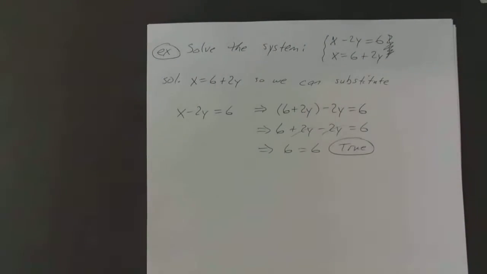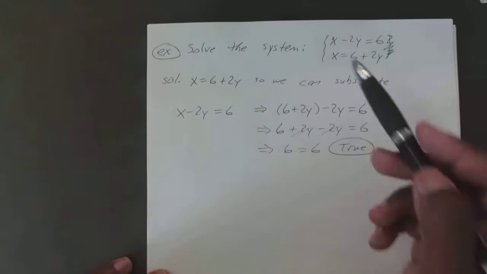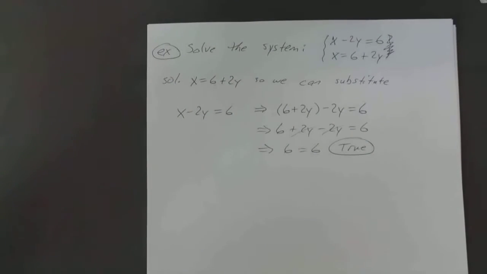Now the thing is, when you're left with a true statement and all the variables have disappeared, then that means that whatever's true for one will be true for both because they're just the same exact equation.